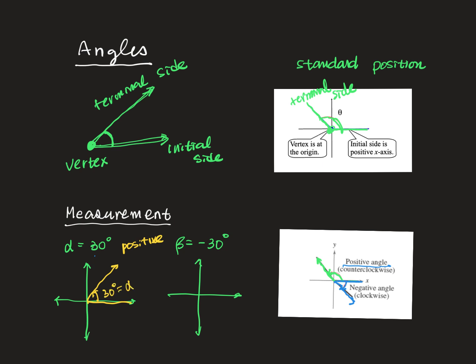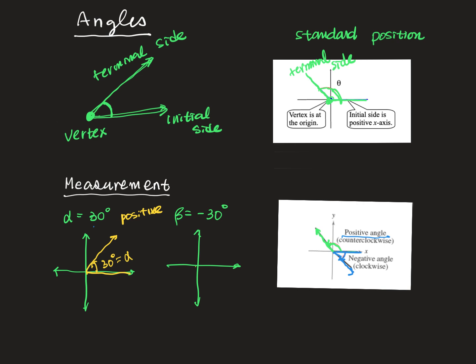Negative 30: here is the initial side, the terminal side in the opposite direction. Here is negative 30. Keep in mind the negative means direction: counterclockwise is a positive angle, clockwise is a negative angle. That's how you define negative and positive angles.